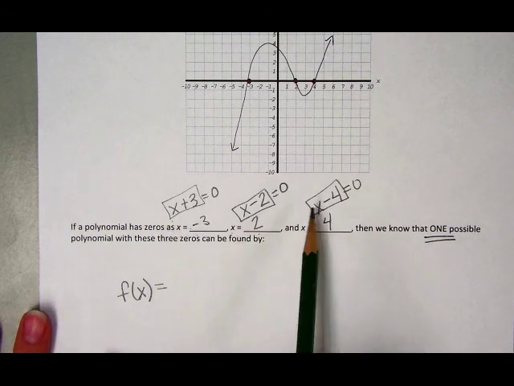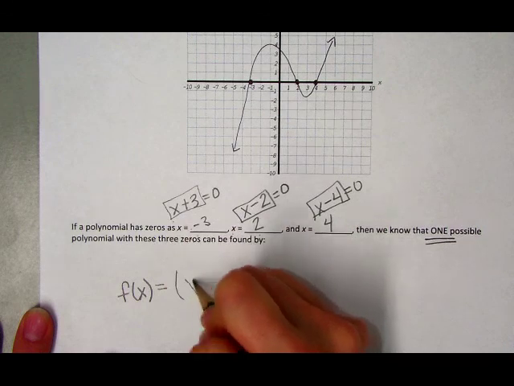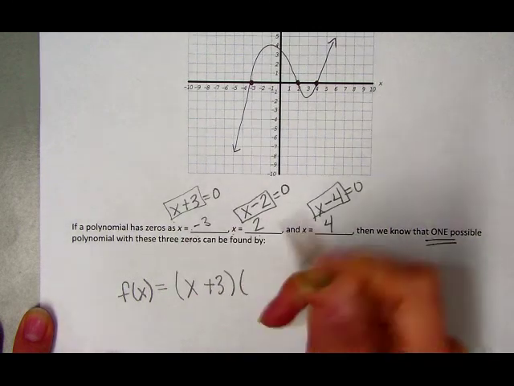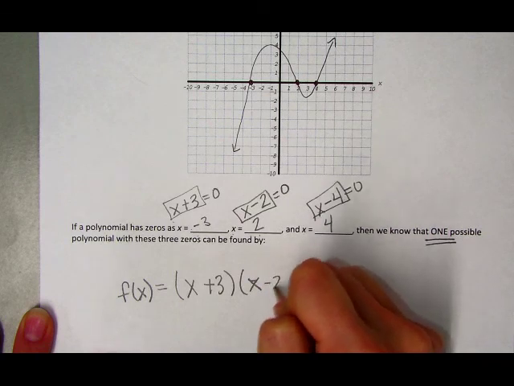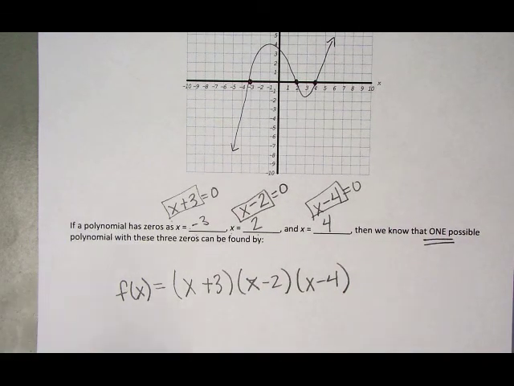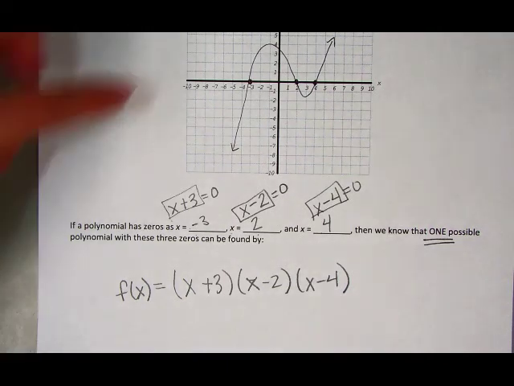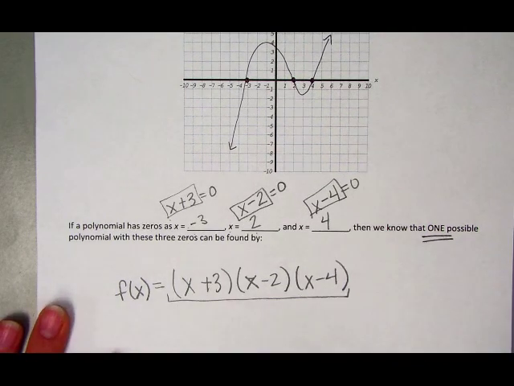Since you had to have these factors first before you had these values as zeros, you can group them together, or I guess separately. You can write them together on your paper, but they're actually separate groups. And you know that the polynomial that could represent one possible function for this graph is given to you by this polynomial.